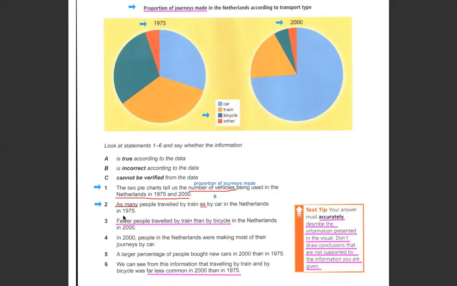Make sure you're looking at the correct year. So this is the first one. Is number 2 true? Or B, incorrect, C, can't be verified. Great, A is correct. So when we use as many as, it means that they're the same, right?